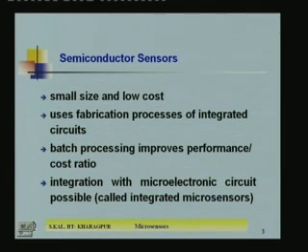And like ICs, semiconductor sensors can be batch fabricated, and batch processing improves the performance to cost ratio, and that is why people are now giving a lot of importance to semiconductor sensors. And at the end they integrate with microelectronic circuits, as I mentioned a few minutes back. That is why this is coming up in a big way, and this particular sensor is called an integrated microsensor, or sometimes a smart sensor.